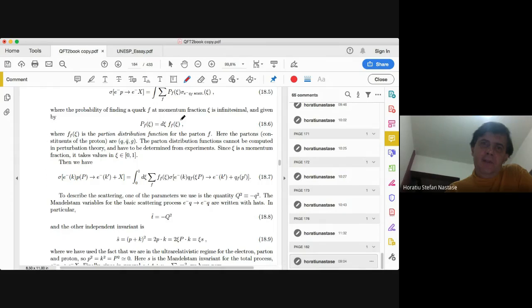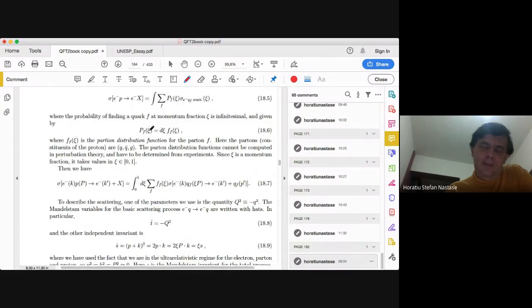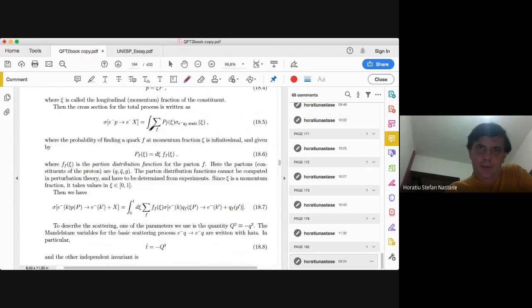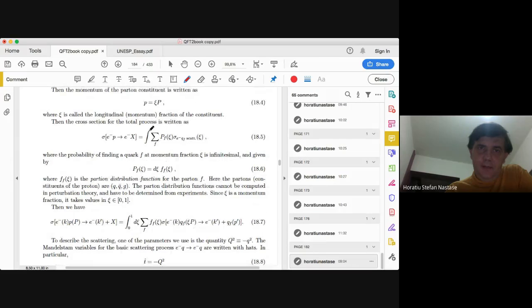But of course, the probability to have the fraction psi is infinitesimal. That is a distribution function, parton distribution function f of psi times d psi.